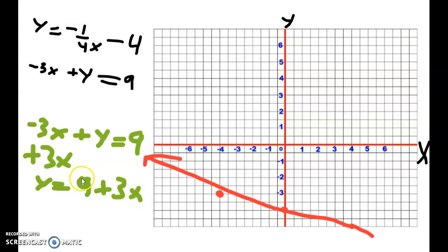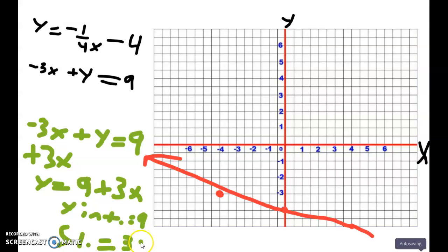So now we have y equals 9 plus 3x. What do we do? Well, we're going to find the y-intercept. This time it's positive 9 because it has no negative sign in front of it. So the y-intercept equals 9. And the slope equals 3 over 1.